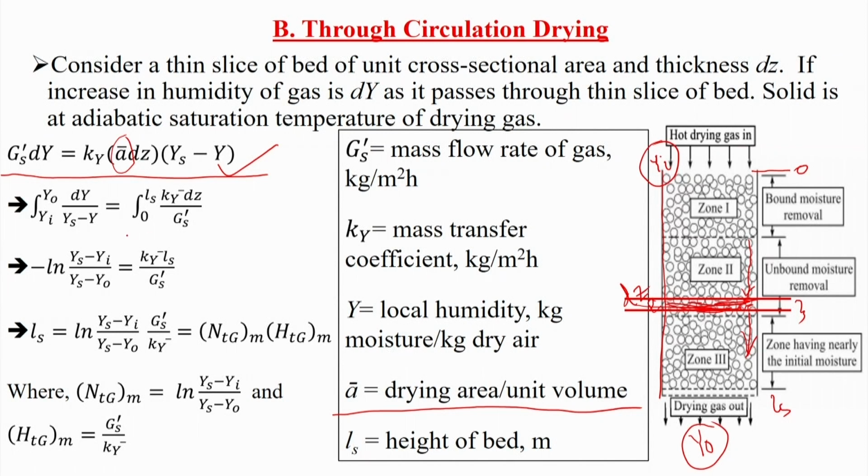If we integrate this, we will get minus ln (y s minus y I) by (y s minus y 0) is equal to k y into L s by G s prime.